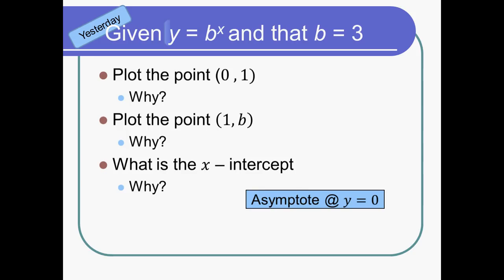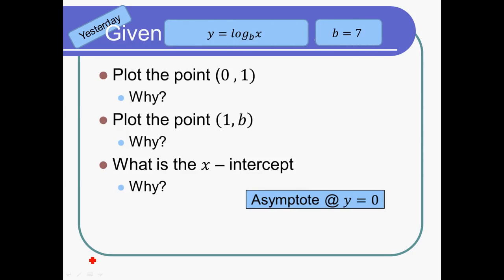So that means that, now you should write this down, given that y equals log of any legal base to the x, and I'm going to use base 7, you are not going to plot the point 0, 1. Guess what point you're going to plot? And you're not going to plot the point 1 comma b. What are you going to plot? Yep. And, ready for mind blown?